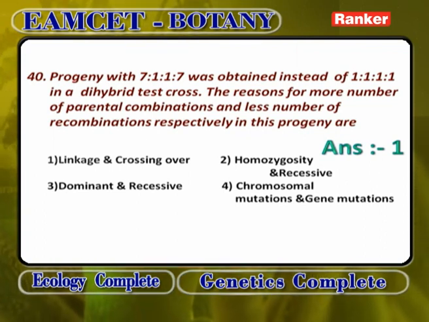Because it is linkage and crossing over, not homozygosity or recessive characters, dominant and recessive characters, chromosomal mutations or gene mutations. Normally a dihybrid test cross means the result must be 1:1:1:1. But here a special ratio, 7:1:1:7, has been obtained. It is due to linkage and crossing over.